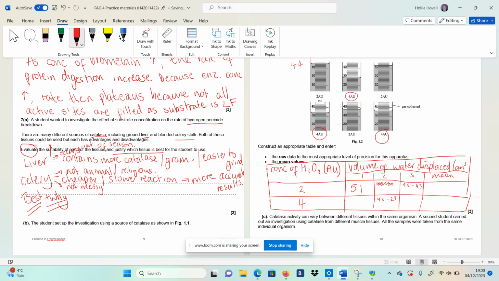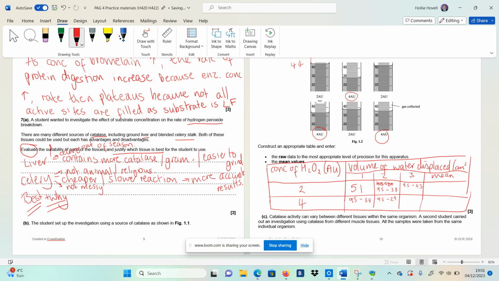So this 2 1 is at 38. So you do 95 minus 38 for that one. For this one, I'd say that's on 34. So you do 95 minus 34.